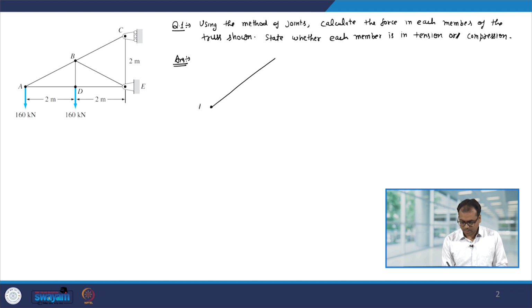At point A, I have a 160 kilonewton force acting, and then at point D there is again a 160 kilonewton force acting, and then at C you have a roller support and at point E you have a pin support.